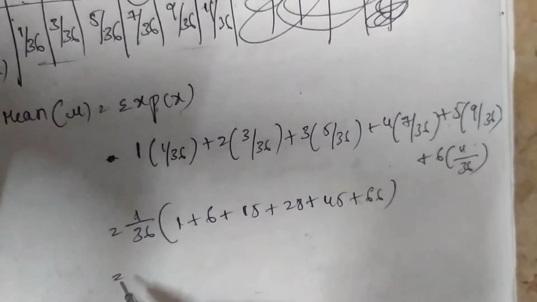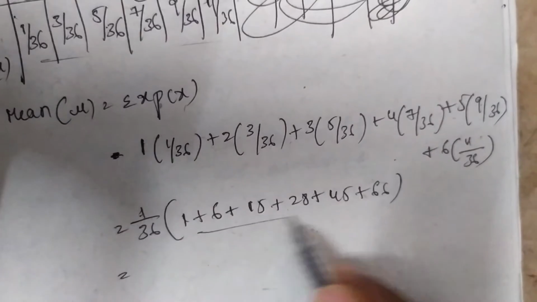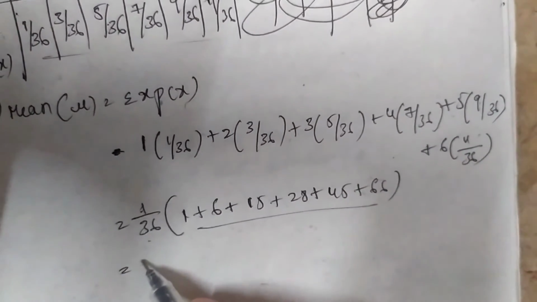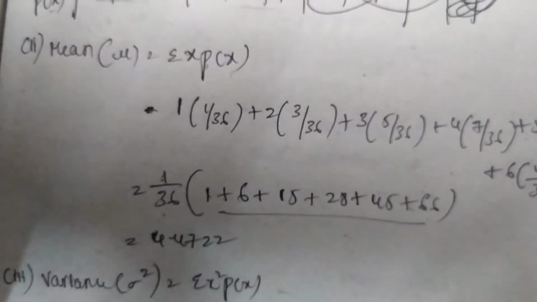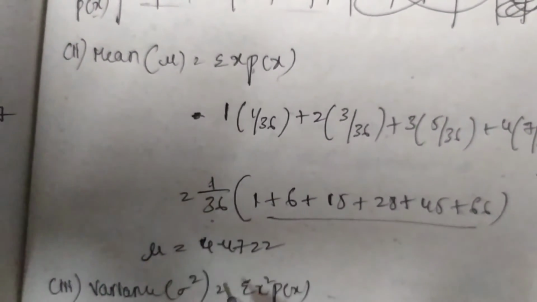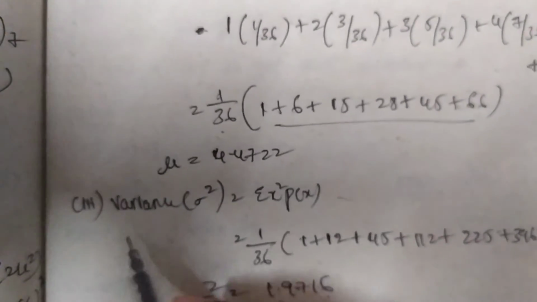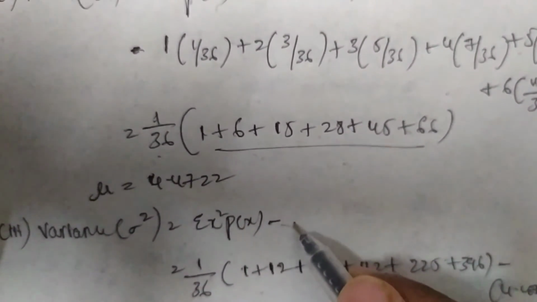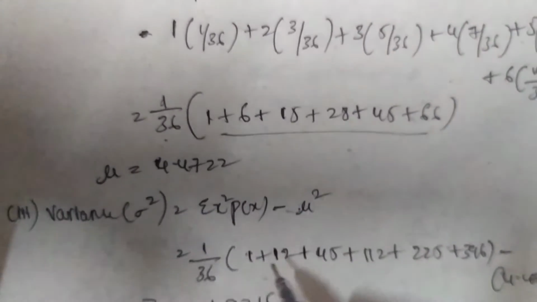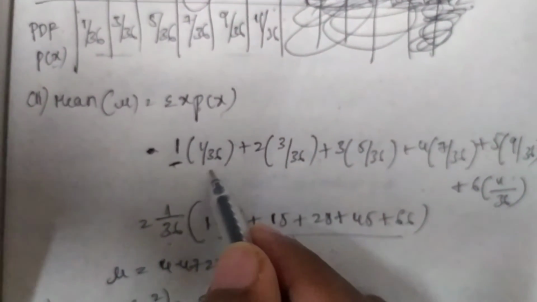By adding these values and dividing by 36, we get mu equals 4.4722. Now the variance, sigma square, we know the formula is summation x square into p of x minus mu square. X square means we are squaring these values and multiplying with the p of x values.